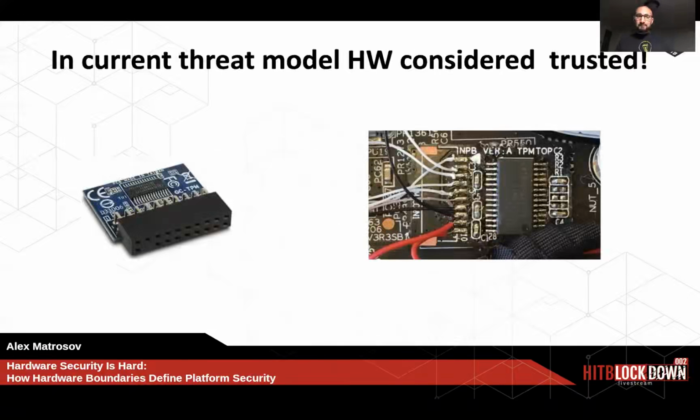Because we have a lot of ways to develop secure boot, for example, right? And in many cases, the root of trust for secure boot will be the TPM. In the current threat model, hardware is considered trusted in many cases. As an example, we just think our TPM is not compromised, right?